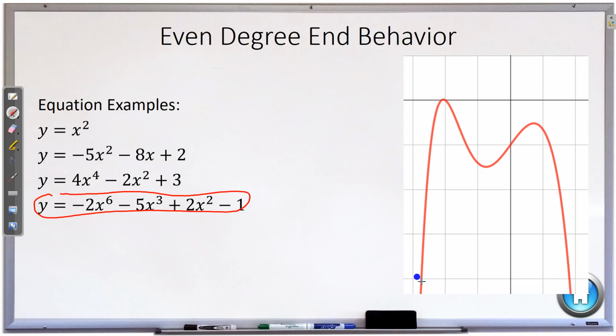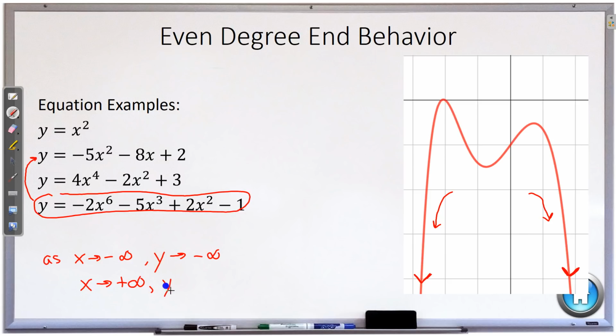We're just worried about the end. What are we doing at the end? You can see that these arrows are familiar. They're exactly the same as this one. So as x goes to negative infinity, that would be this way, our arrows are going down. So our y values are going towards negative infinity. And as x goes to positive infinity, that would be going this way.